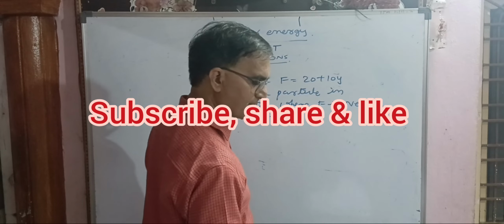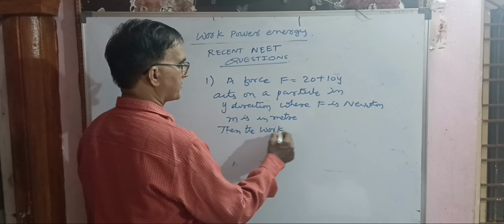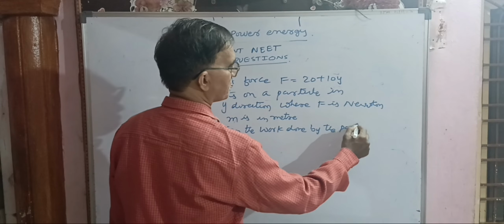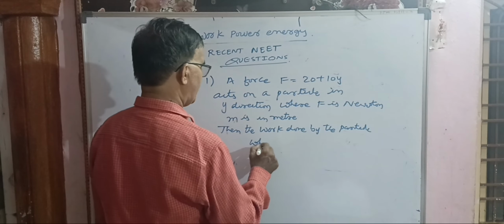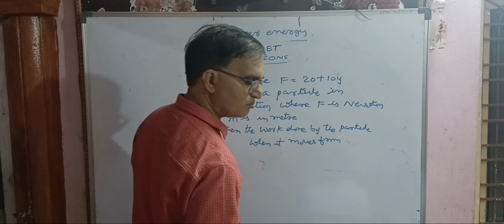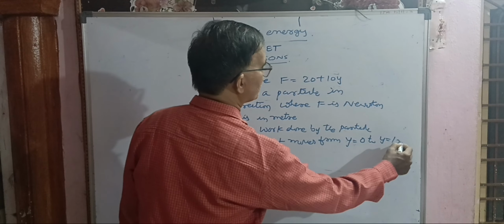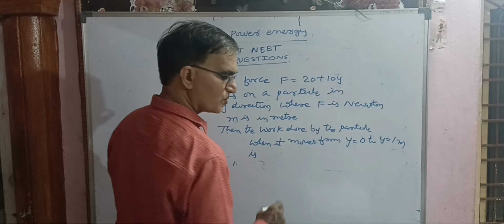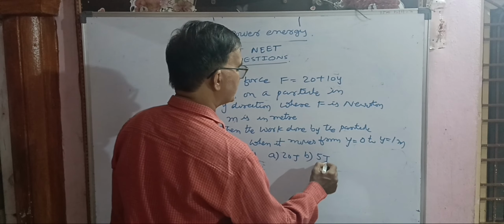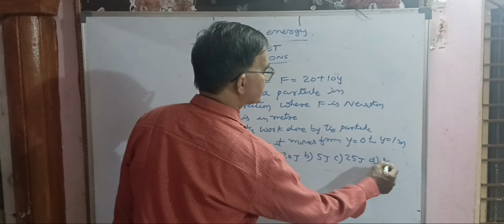Find the work done by the particle when it moves from y is equal to 0 to y is equal to 1 meter. Options: A 20 joules, B 5 joules, C 25 joules, D 20 joules.